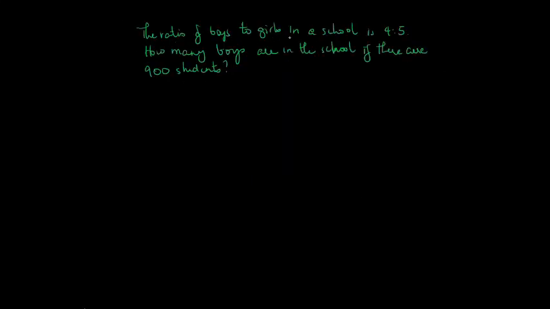Let's try this one. The ratio of boys to girls in a school is 4 to 5. How many boys are in the school if there are 900 students? So again, we write it out. We have boys to girls. We have a 4 to 5 ratio. So therefore, 4 plus 5 will be equal to, good, 9. And then you're going to now write 4/9 and 5/9 here.